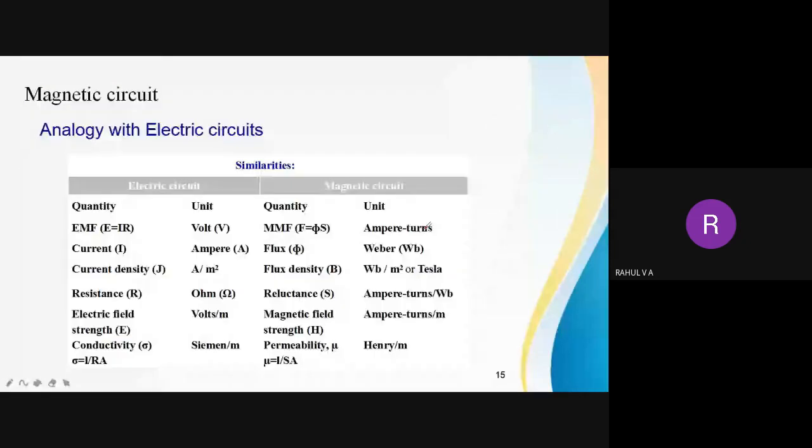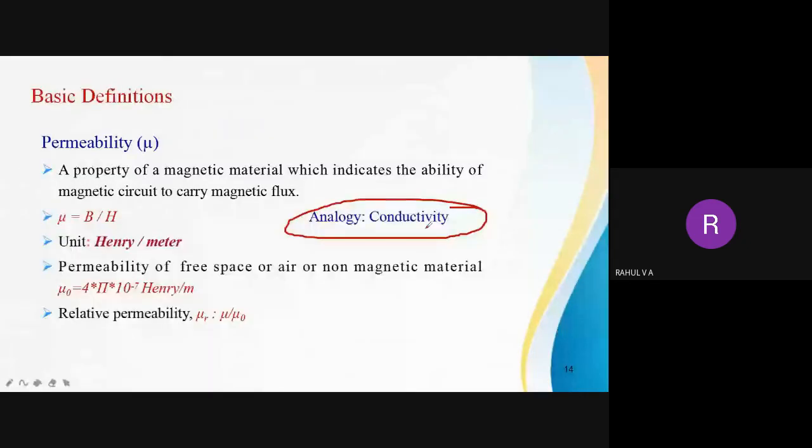Okay, I will ask a few questions. Anugrah, what is magnetic lines of force?